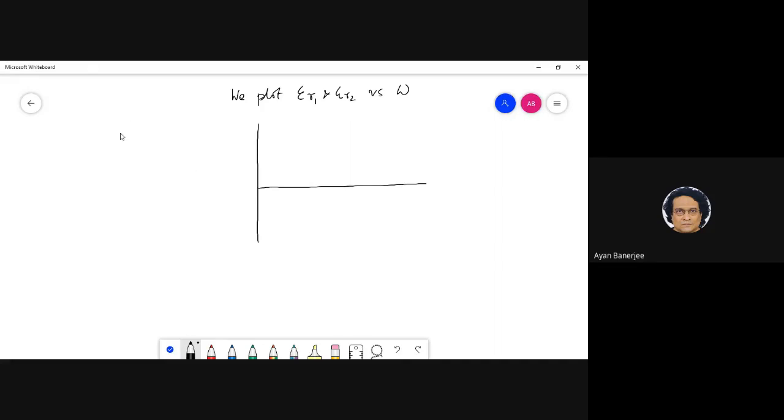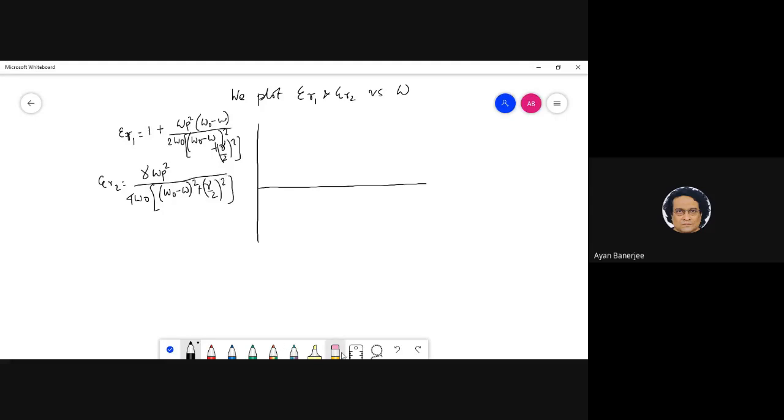Basically, if you just look at this, epsilon R1 is 1 plus omega p square (omega 0 minus omega) over 2 omega naught, by (omega 0 minus omega) whole square plus (gamma by 2) whole square, and epsilon R2 is gamma omega p square by 4 omega naught, over (omega 0 minus omega) whole square plus (gamma by 2) whole square.